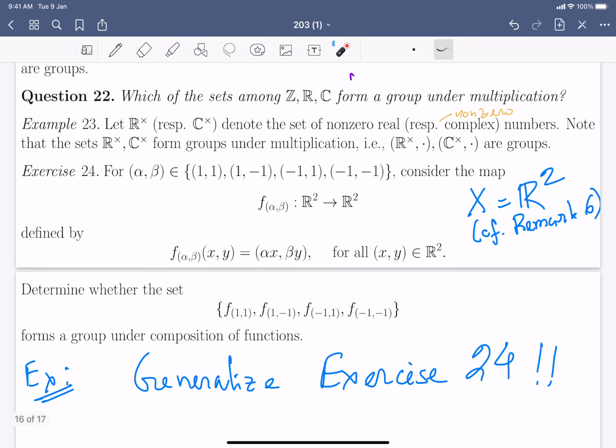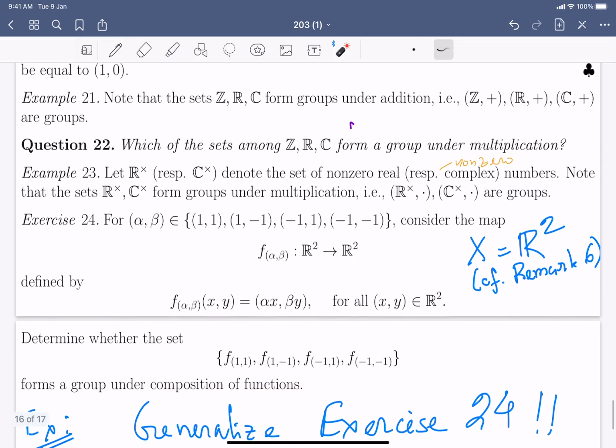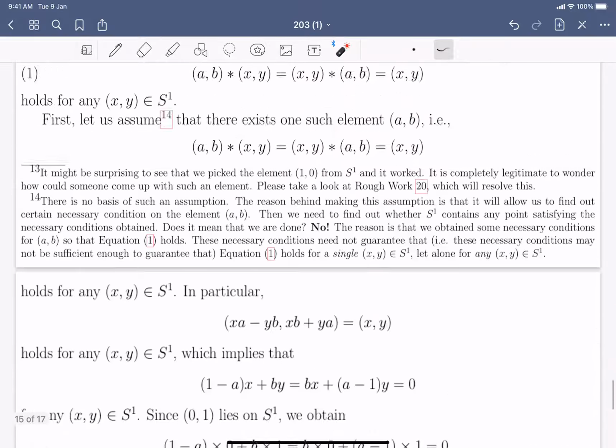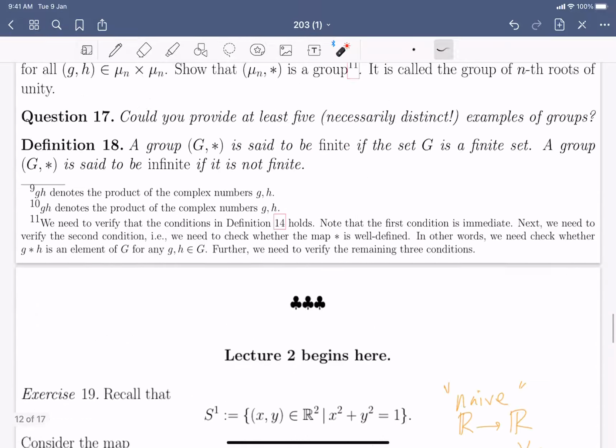You will see that for this object X equal to R2, a bunch of certain bijections together form a group under composition of functions. This is an interesting exercise. I think you should be able to do it, because you have already seen one such thing.